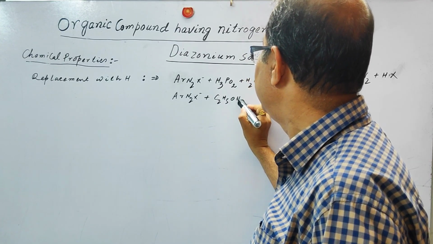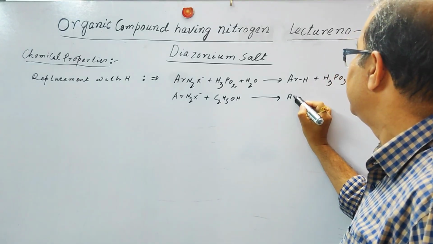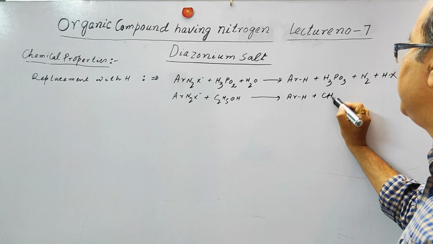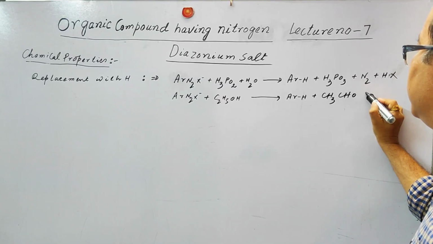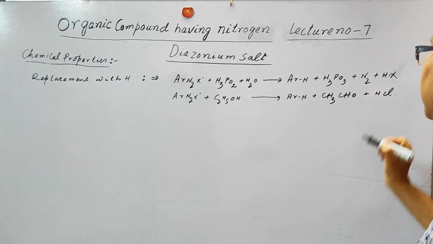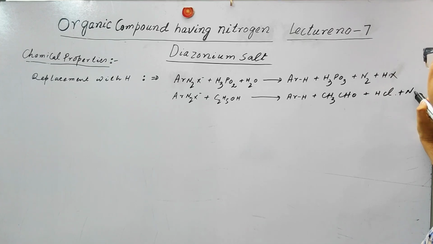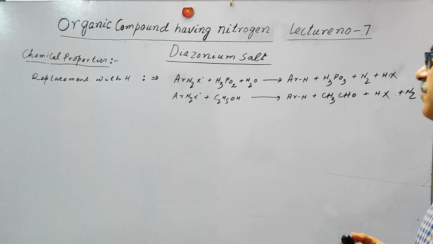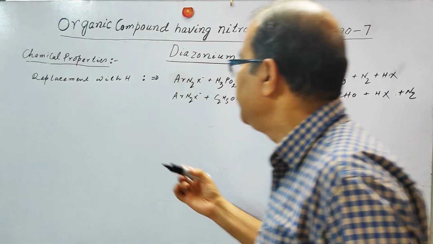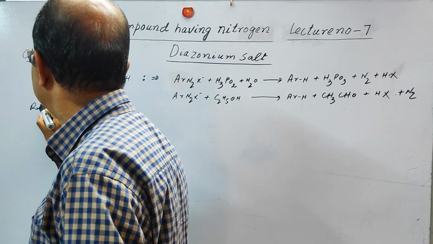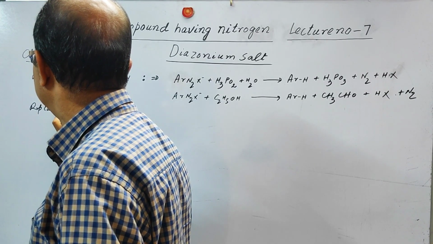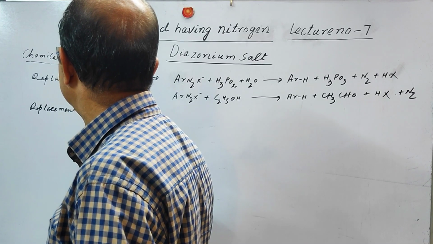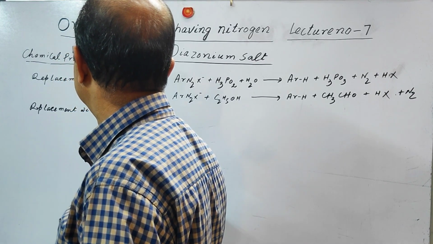With ethanol, it again produces the hydrocarbon arenes, along with N2 and HX. Again, the replacement with OH.